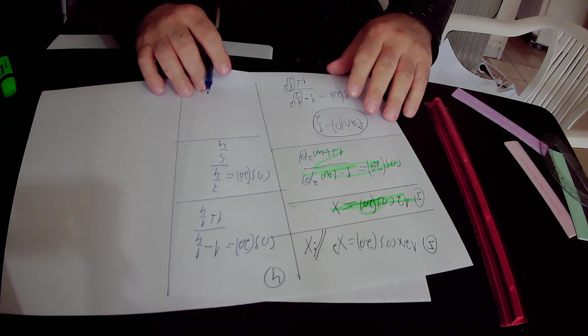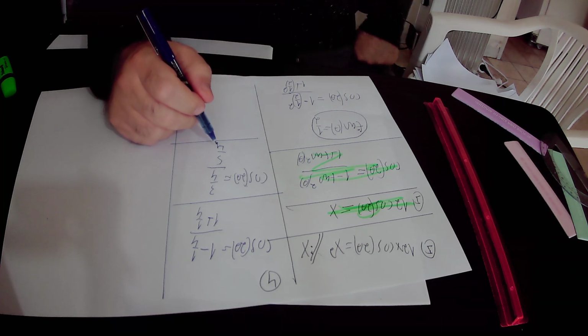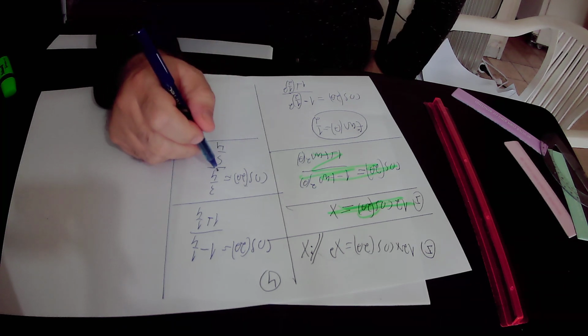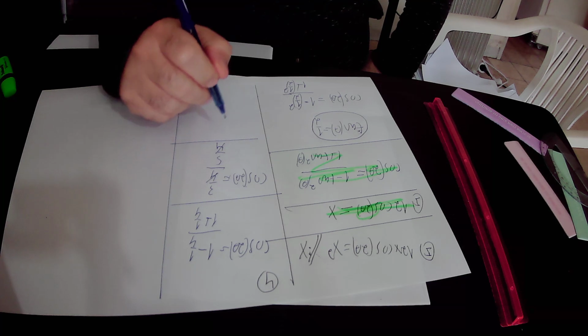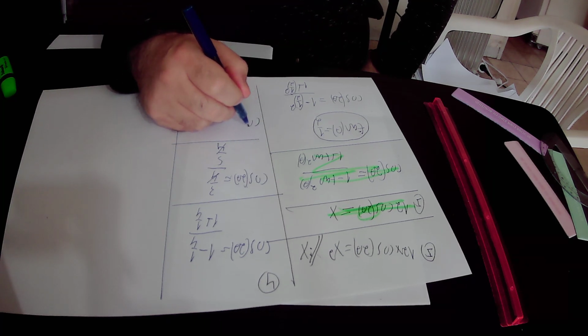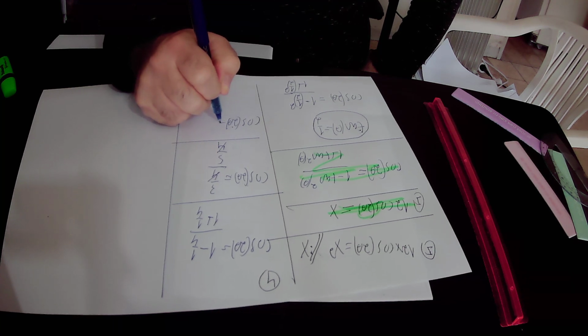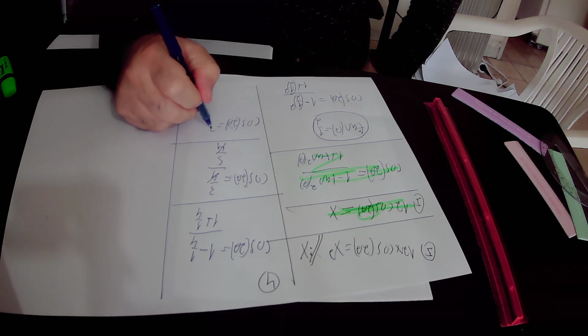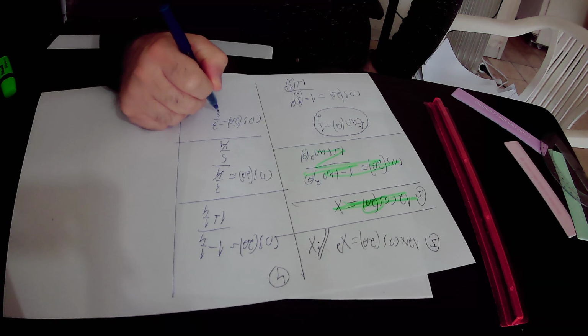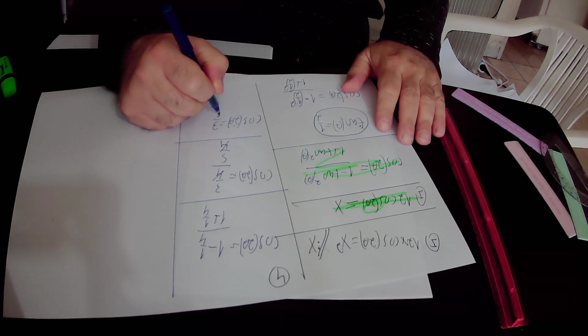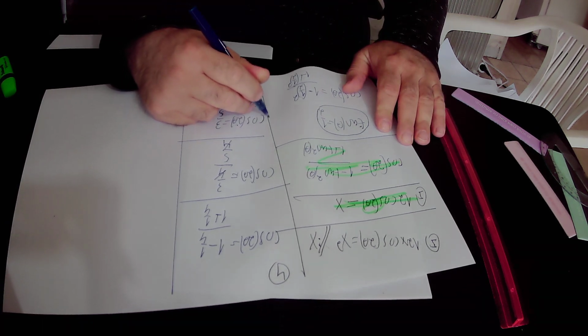Here we have 4 in the numerator and 4 in the denominator, so the 4 will get cancelled, and in conclusion, cosine 2 theta equals 3 over 5, that is 3/5.